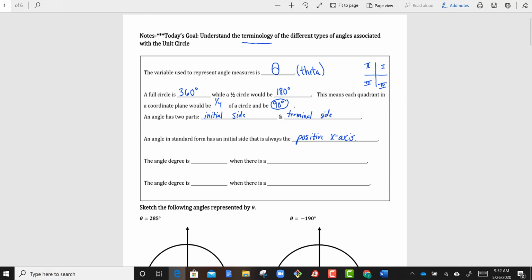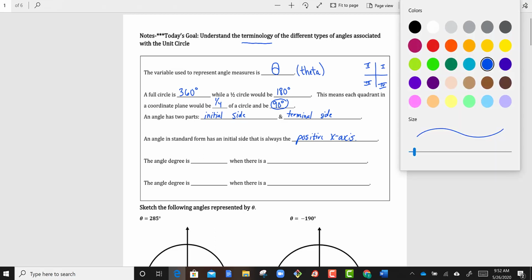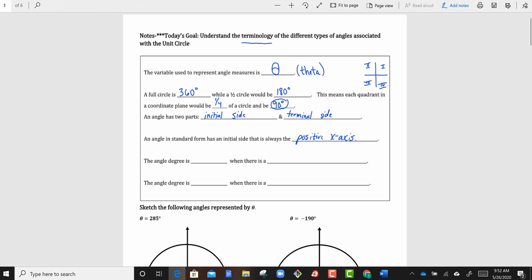So let's see what that looks like. If we are going to sketch an angle in the coordinate plane, it's always going to start on the positive x-axis side, meaning this will represent the initial side of an angle.